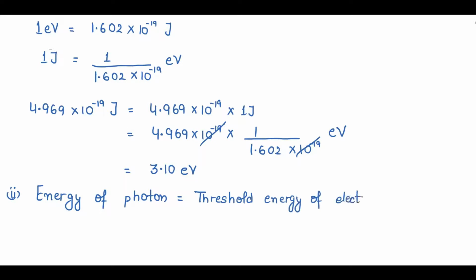It is also known as work function, right? So you put the value of the work function over here, right? Plus the kinetic energy of the electron, right? So now we'll see the given values.